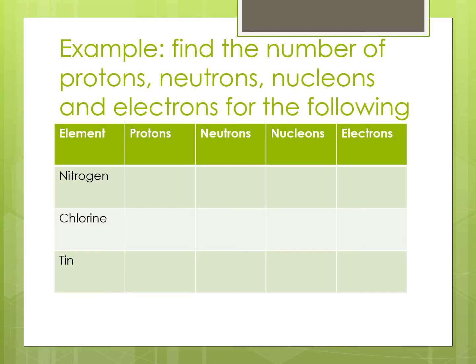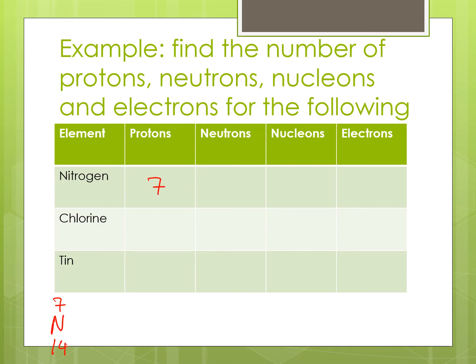Alright, so just an example here. Find the number of protons, neutrons, nucleons, and electrons for the following. Nitrogen. By the way, always round to the nearest whole number for each of these. If you have a look on the periodic table, nitrogen has a mass of 14 and an atomic number of 7.